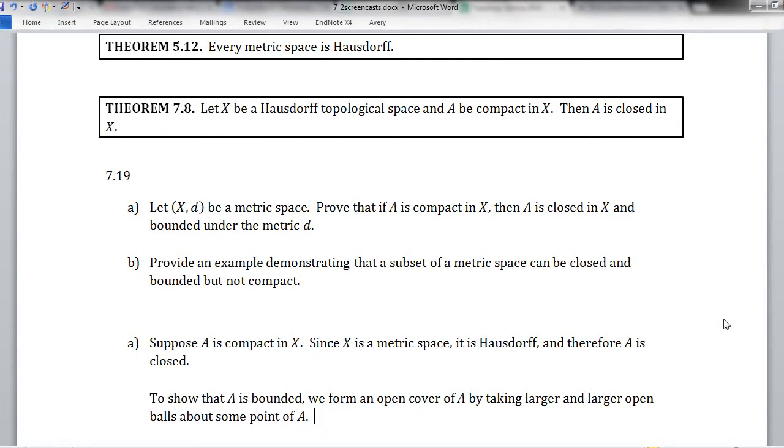I could probably have gotten away without putting that sentence in my proof, but it gives you an idea of what's up. So let's go ahead and do it. Let's take any point a in A, and define a collection of sets O to be just what I said, the balls about a of radius n, where n is any positive integer.